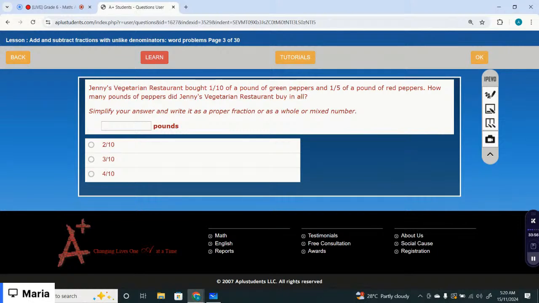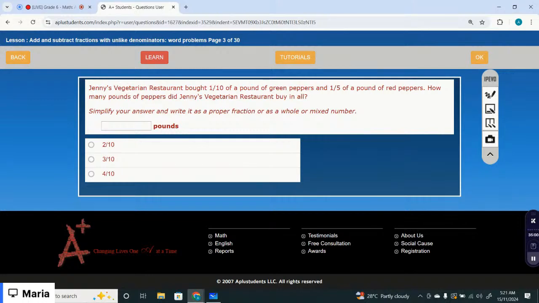So which is the correct option? 2 by 10. 3 by 10 it is.